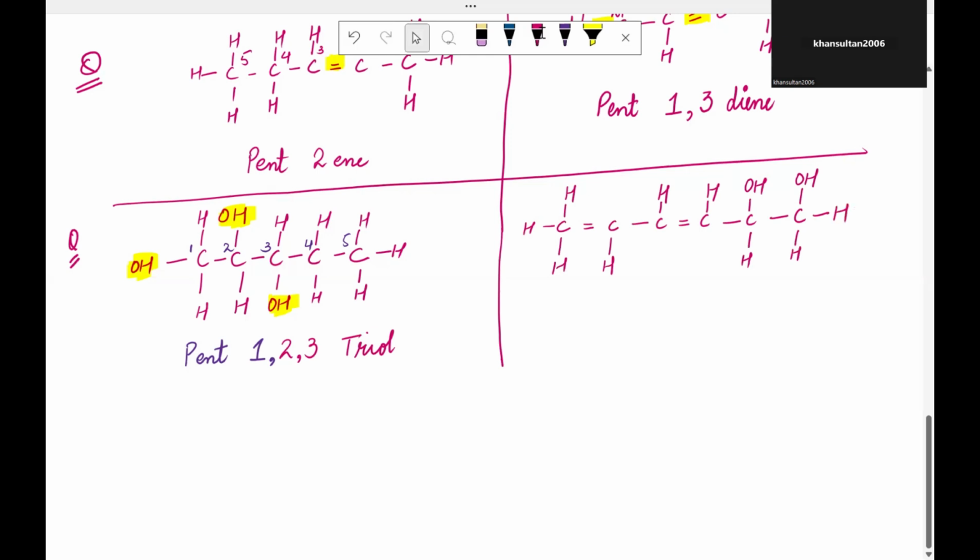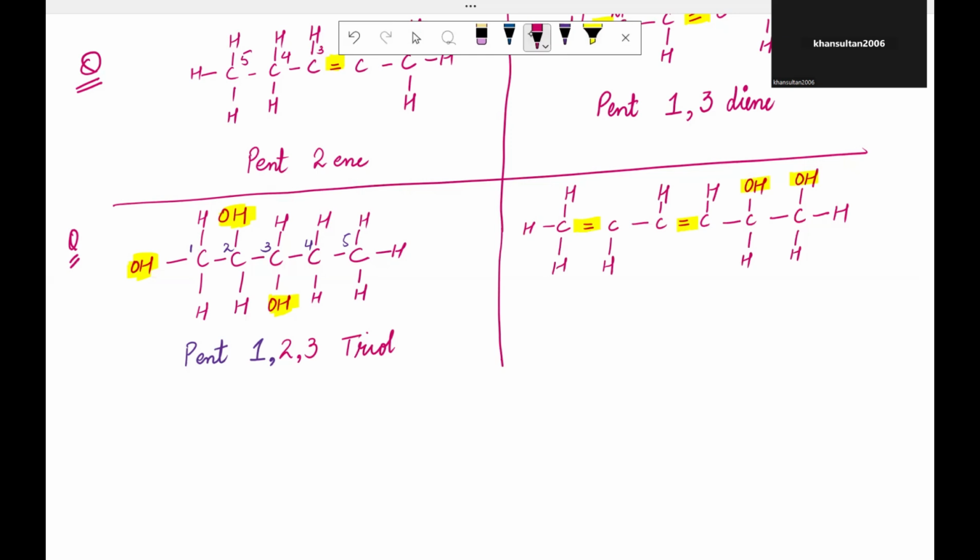Okay. So first of all, let's start with the numbering. We basically have two functional groups present here. One functional group is this, and the other is this. The question may arise, which functional group should we give the first priority?